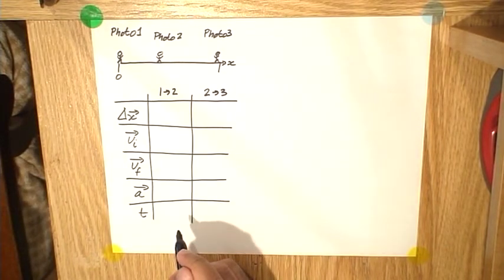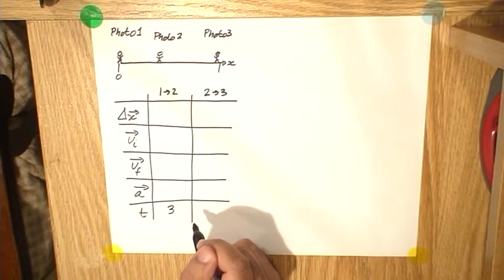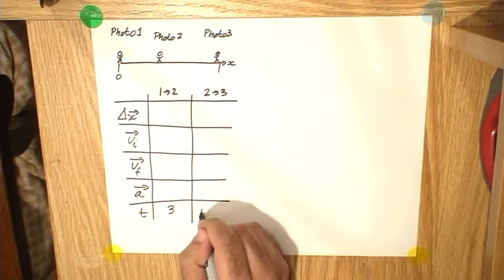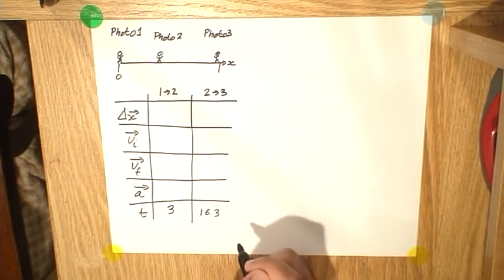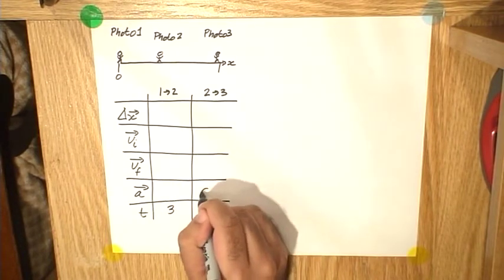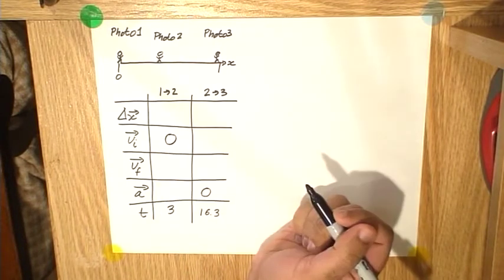Now, we were told that it takes him 3 seconds to reach his top speed, and it also takes him 19.3 seconds to run the whole race, which means that from 2 to 3, 16.3 seconds have elapsed. His acceleration from 2 to 3 is 0, and his initial velocity from 1 to 2 is also 0.